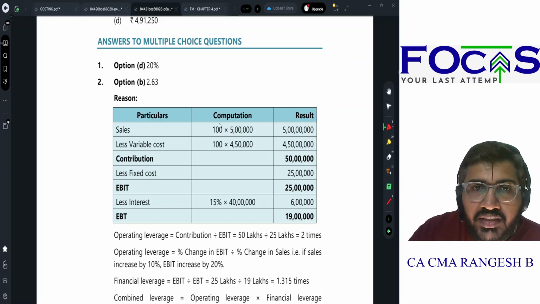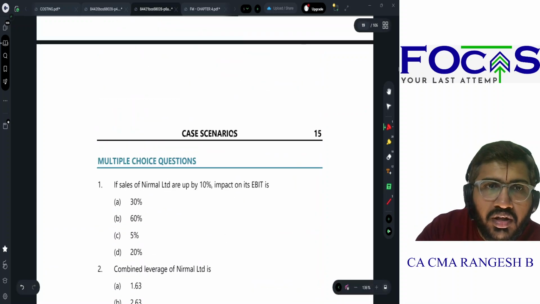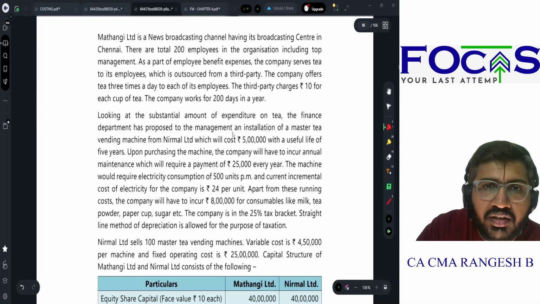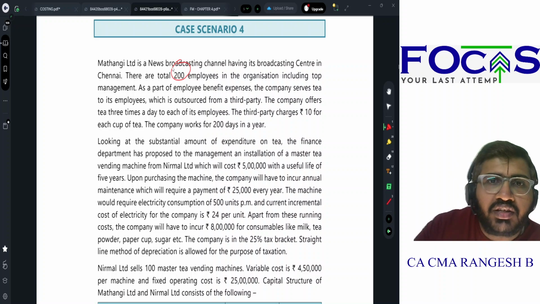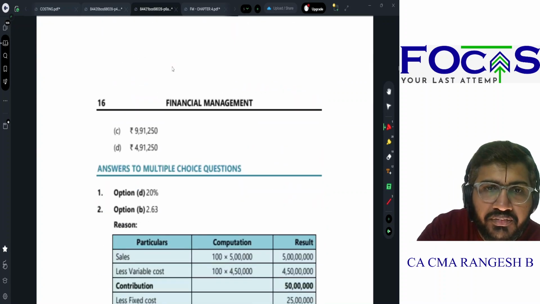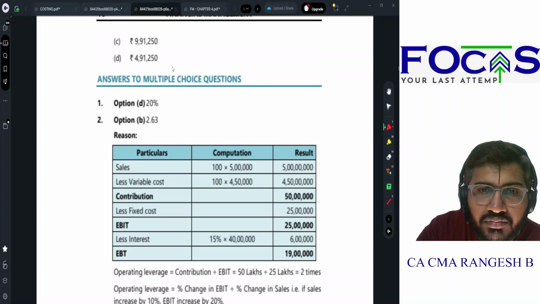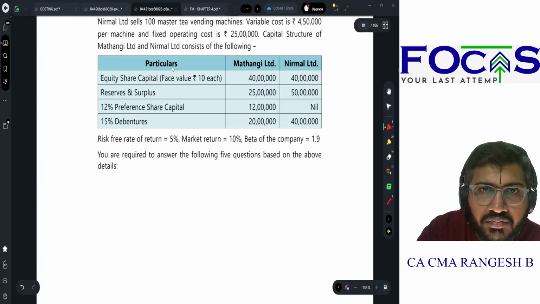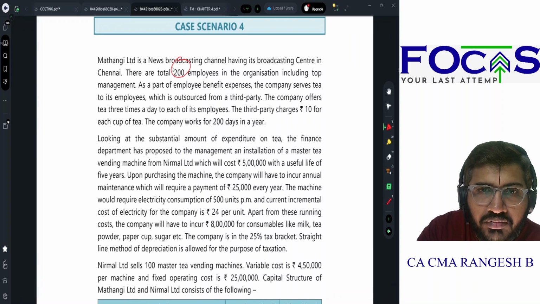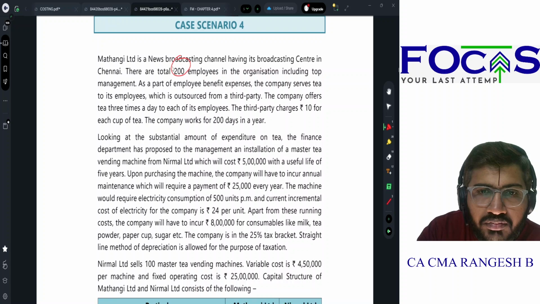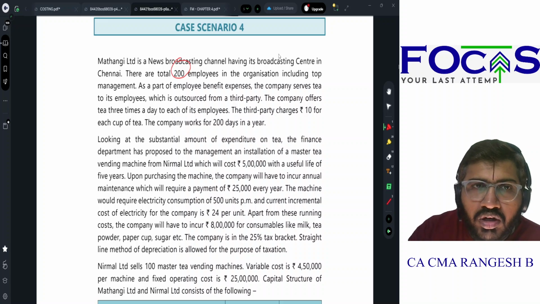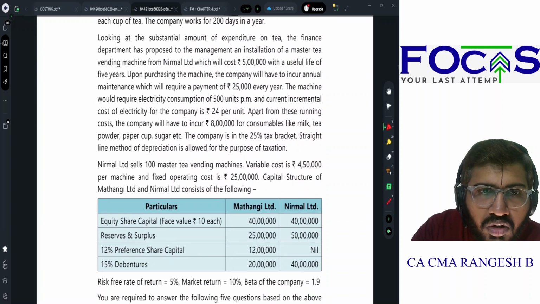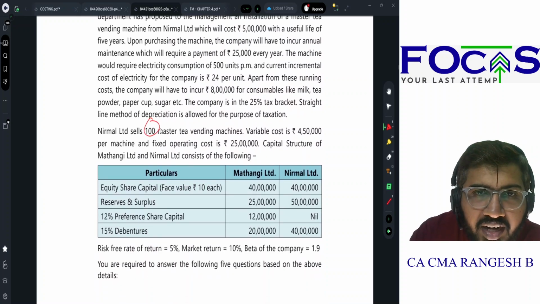First, sales எவ்வளோ? Nirmal Limited sales எவ்வளோ பண்றாங்க? There are 200 employees. Correct? So Nirmal Limited sells 100 master vending machines.